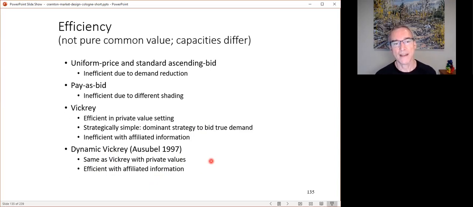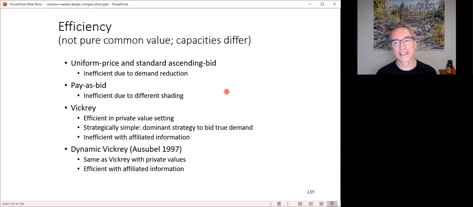So that's an advantage of the dynamic implementation. And in fact, the dynamic implementation, whether it's Vickrey pricing or uniform pricing, is generally preferred because the strategies tend to be simpler. It allows the parties to have price discovery, so reducing the winner's curse.